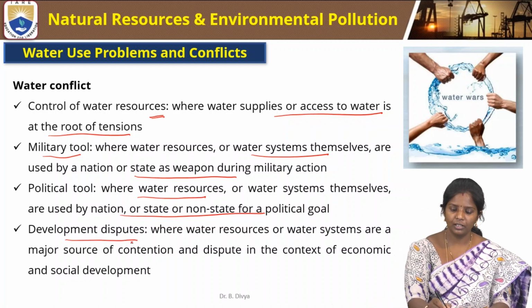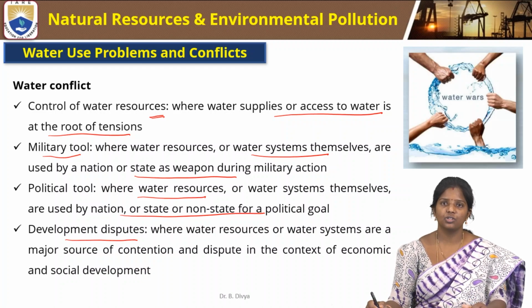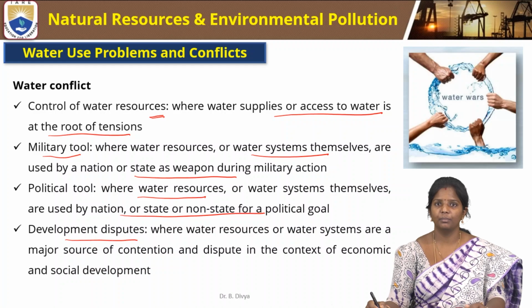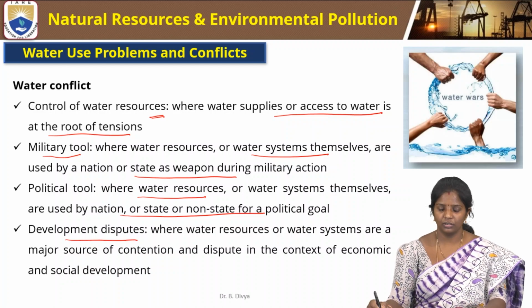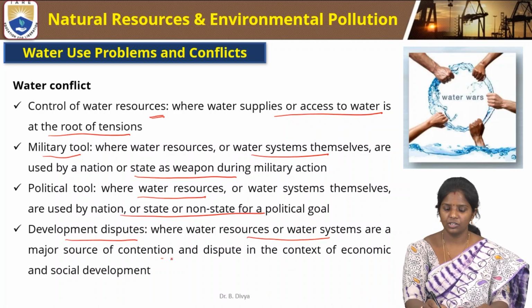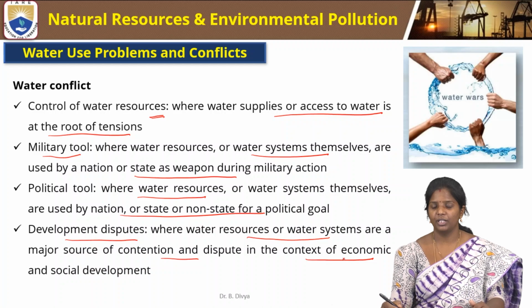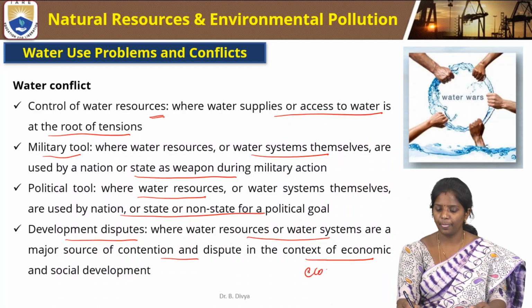And then there are developmental disputes. Whenever there is a resource shortage, disputes happen in development too, because industries, other establishments and urbanization require water. Water resources or water systems become a major source of contention and dispute in the context of economic and social development. It means the economy will go down.